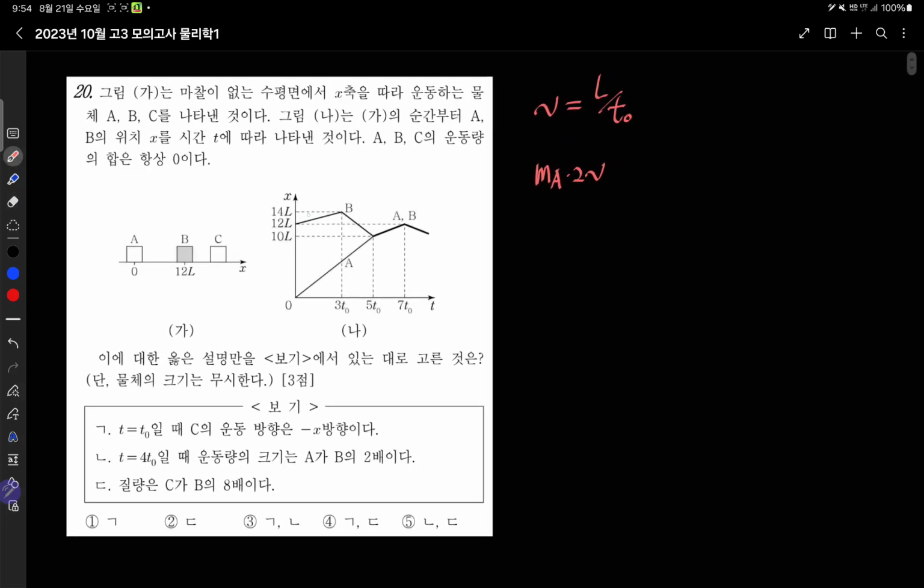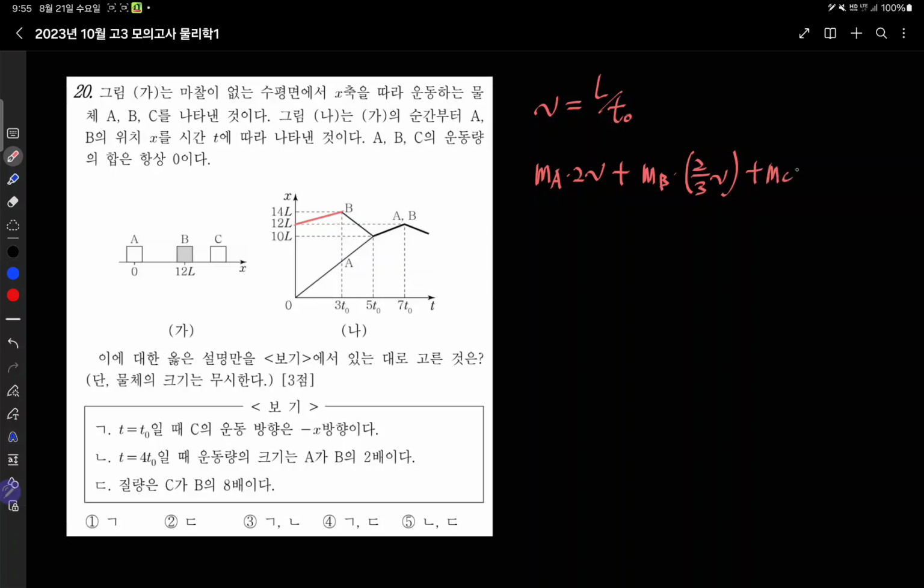And the momentum of B before the collision is mass of B times the speed of B, which is 2/3 of V. And there will be the momentum of C before collision.